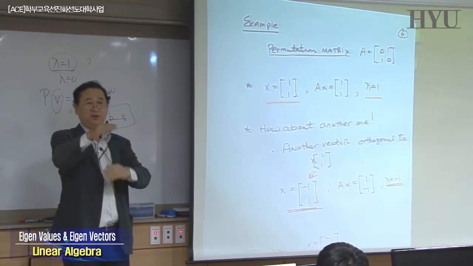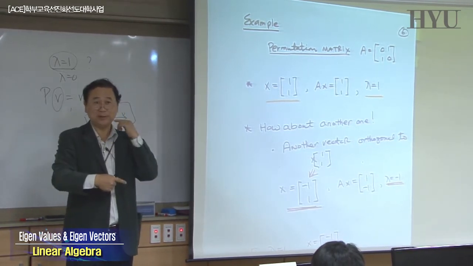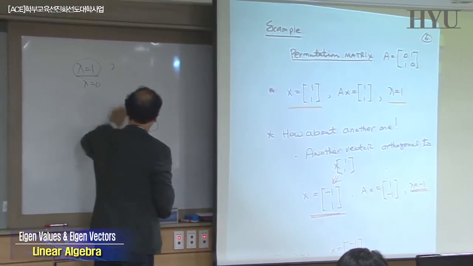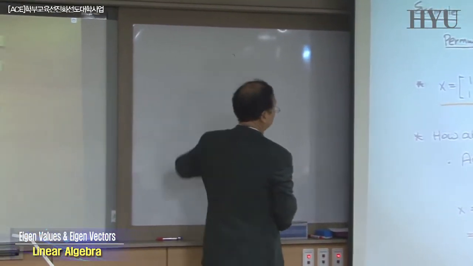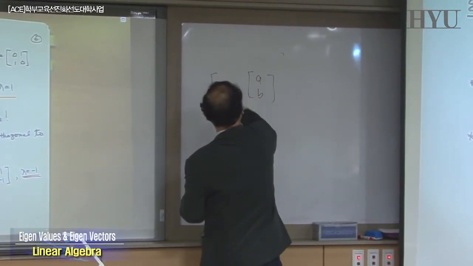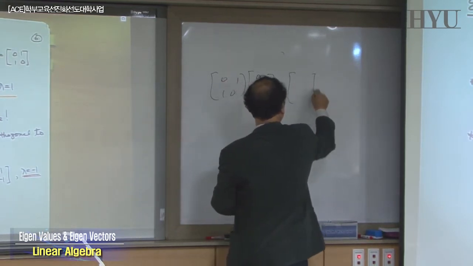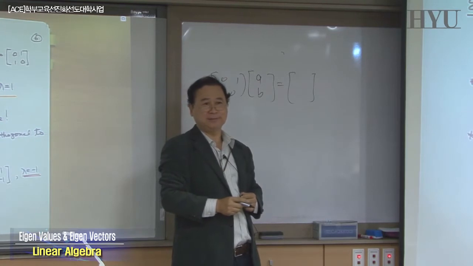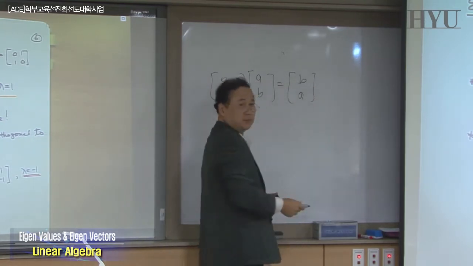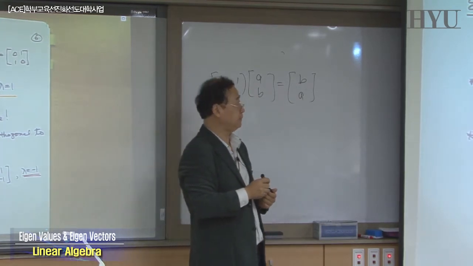You are changing rows, just row 2 becomes row 1, row 1 becomes row 2, right? Then you have AB. When you multiply [0 1; 1 0], what's the value here? BA, right? So you are actually just exchanging rows.